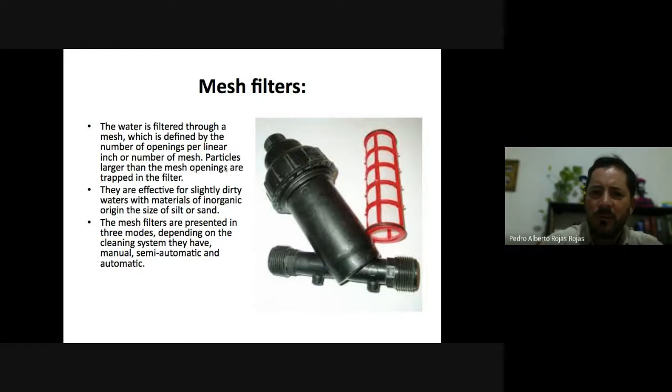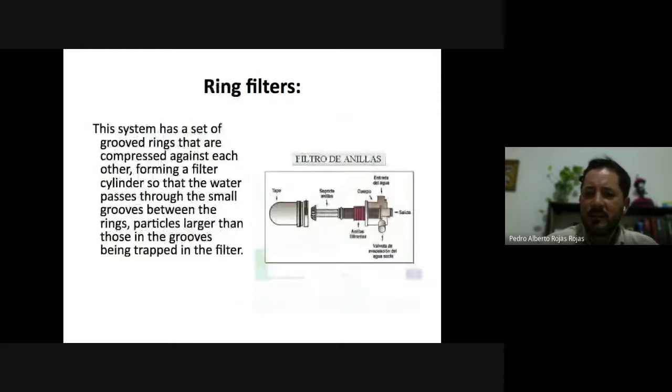So the particles larger than the mesh opening are trapped in the filter, and they are effective for slightly dirty water with different inorganic particles. So this is useful for silt or sand. And the mesh filters are presented in three modes. Depending on the cleaning system, they have manual, semi-automatic, and automatic systems.